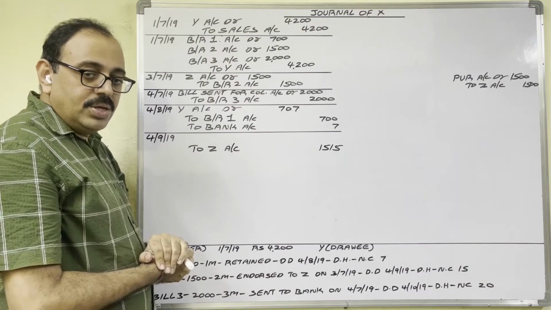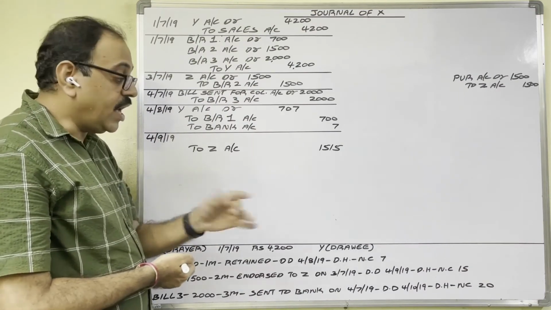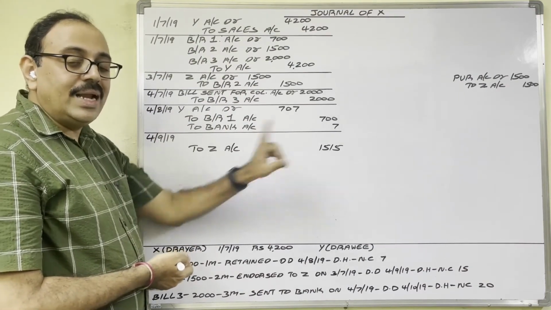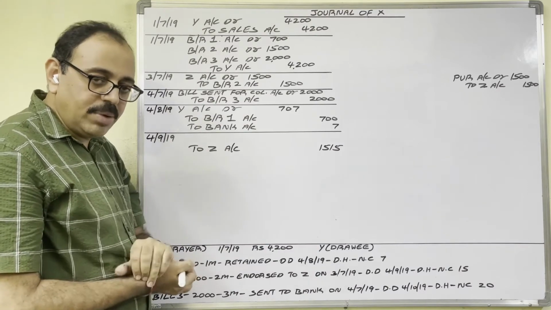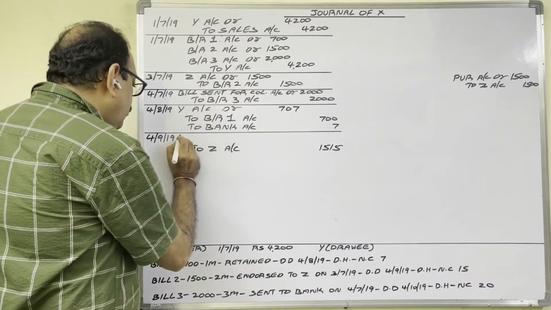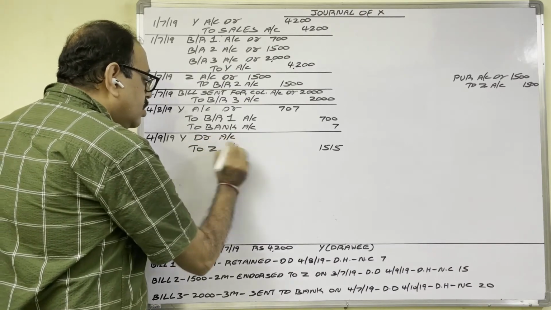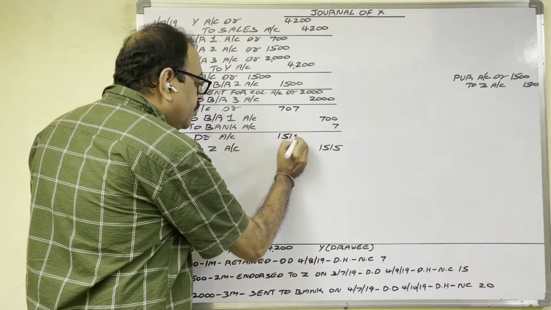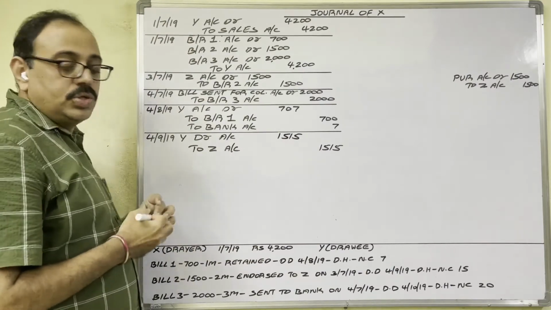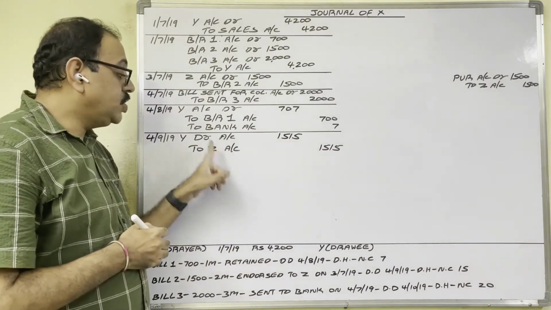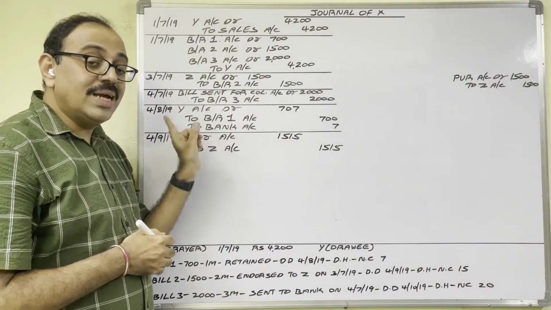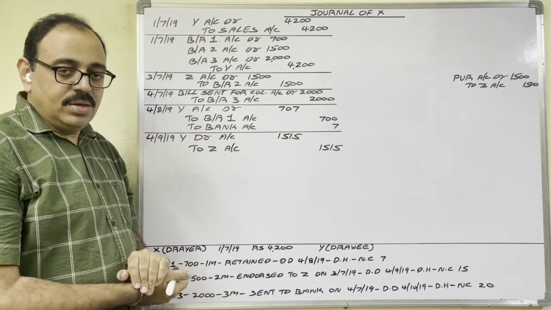From Y. So again Y becomes a debtor for the same amount. Debtor means asset. Asset shows a debit balance. So again we should debit Y account with 1515 rupees. So this is the entry for dishonor of the bill which was endorsed previously.